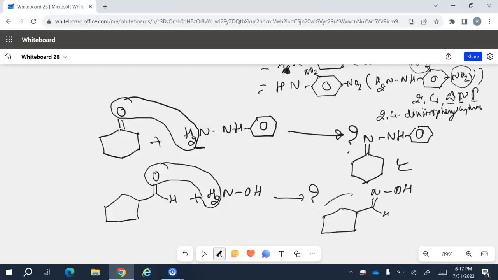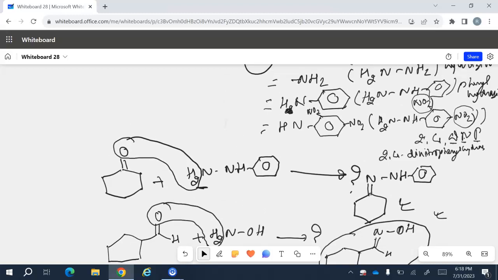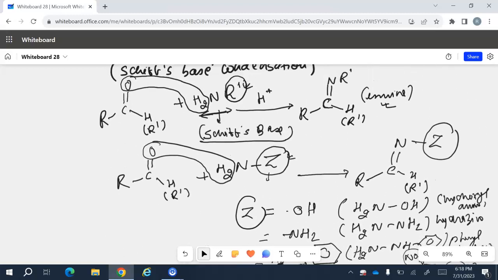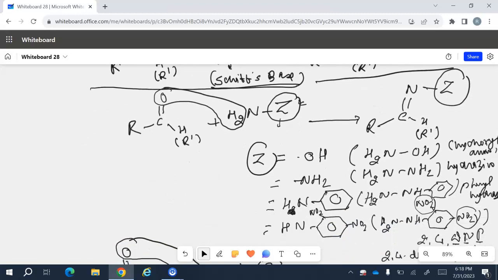So this is how you predict the product. So this is the reaction again with different amine derivatives to get the imine derivative. This is very similar to Schiff base condensation again. The Schiff base condensation is just for the primary amine, but the other type of reaction is extended to any other type of amine here.